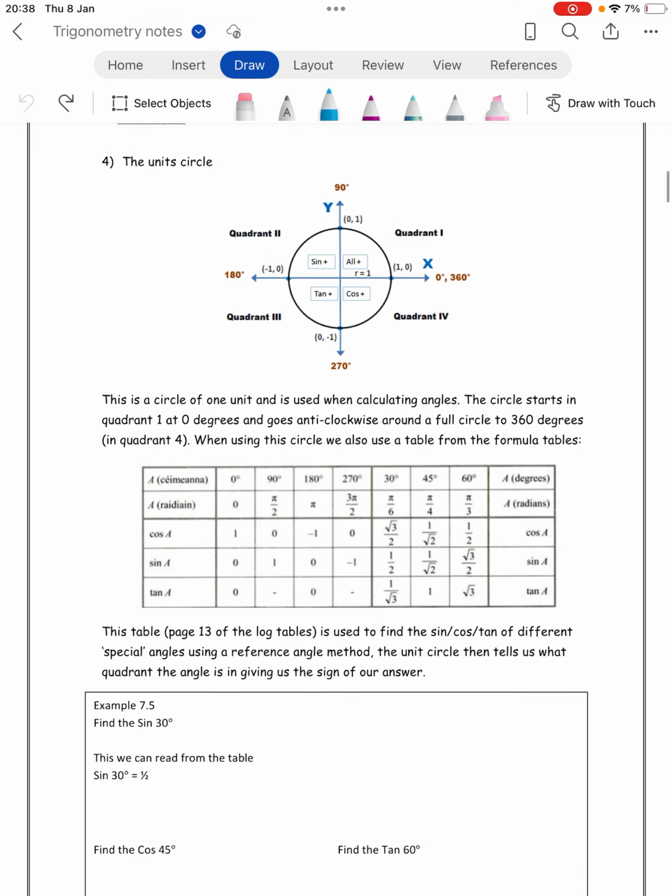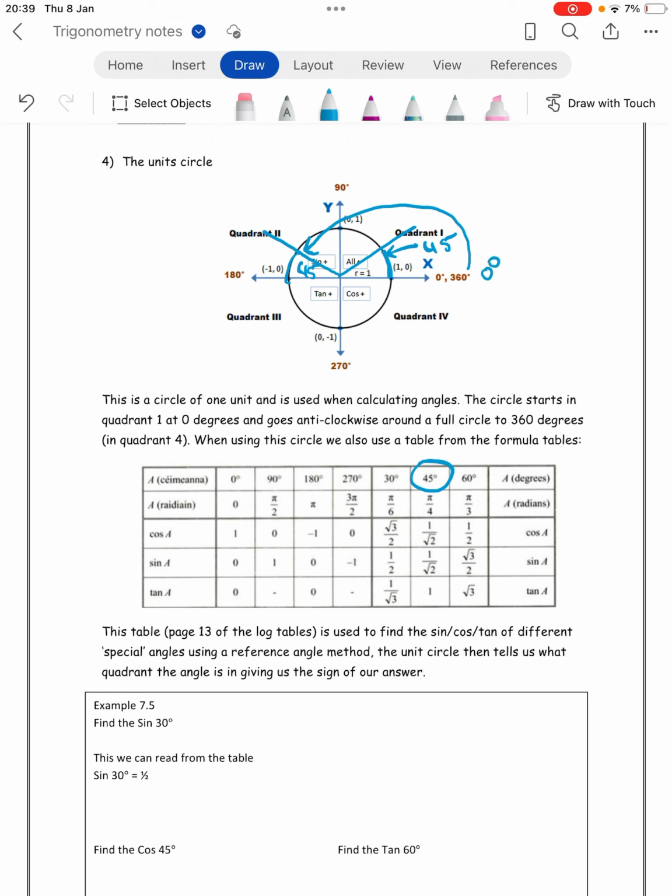So for instance, if I go to my diagram here and I draw a line like this, and I measured this angle here to be 45, I can get the sine of that angle, the cos of that angle, and the tan of that angle using this 45 here. Whereas what I can also do is go into this quadrant here, have my 45 here, and I can find the sine of that angle, the cos of that angle, and the tan of that angle, when really that angle is not 45, that angle is actually 135.